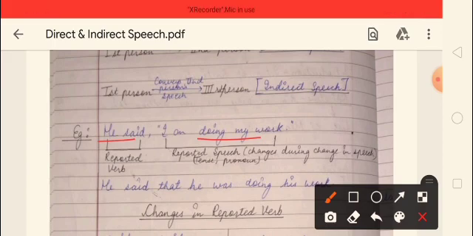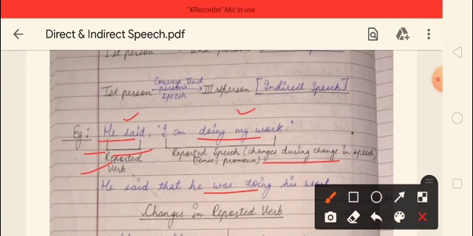The part before the comma is known as the reported verb, and the part within the inverted commas is known as reported speech. I'm repeating it again. The part before the comma is known as the reported verb, and the part within the inverted commas is known as reported speech. Now, changes are made in the reported verb and also in the reported speech.